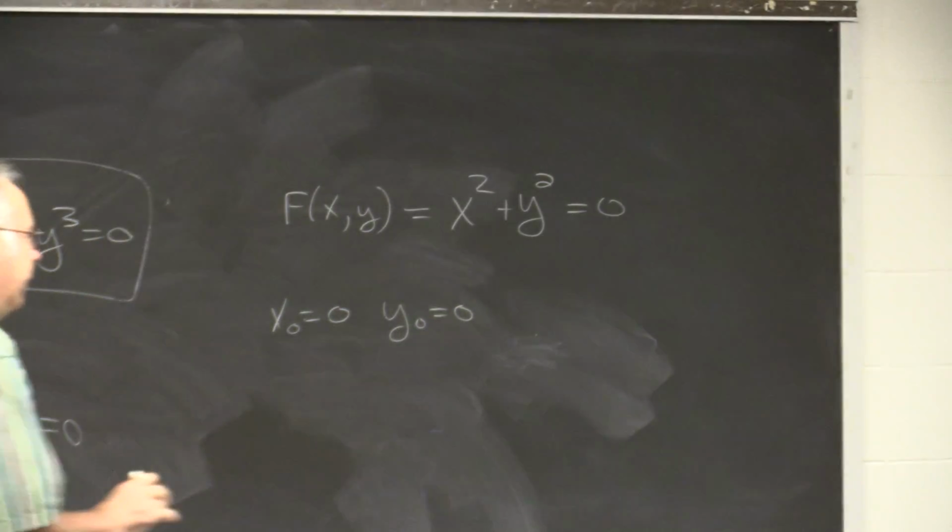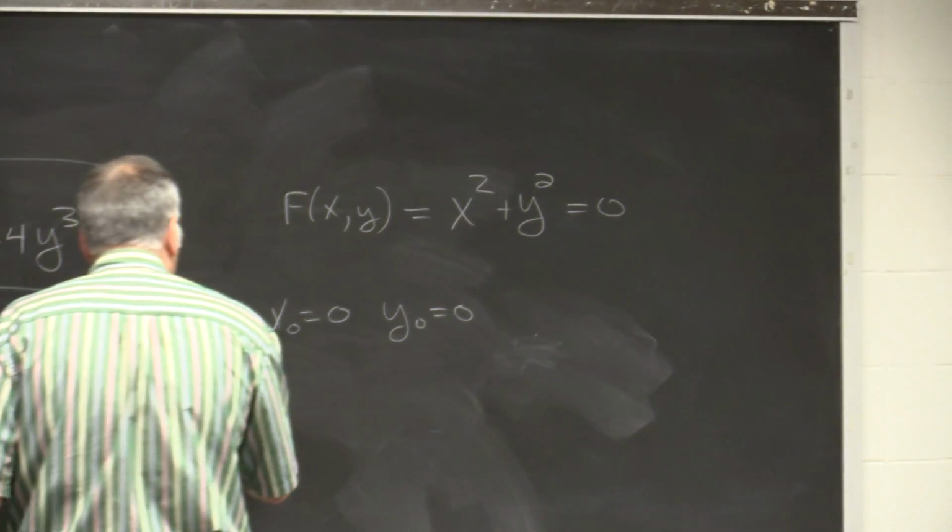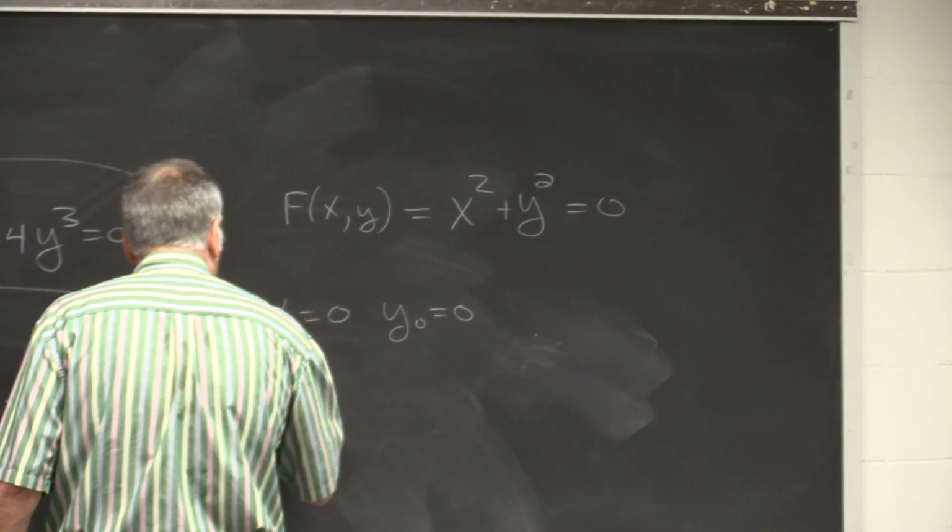So the whole idea of the implicit function here is to express y as a function of x. So that means there has to be several values of x and y that satisfy the equation. Because in this case right here, how could you write y as a function of x?